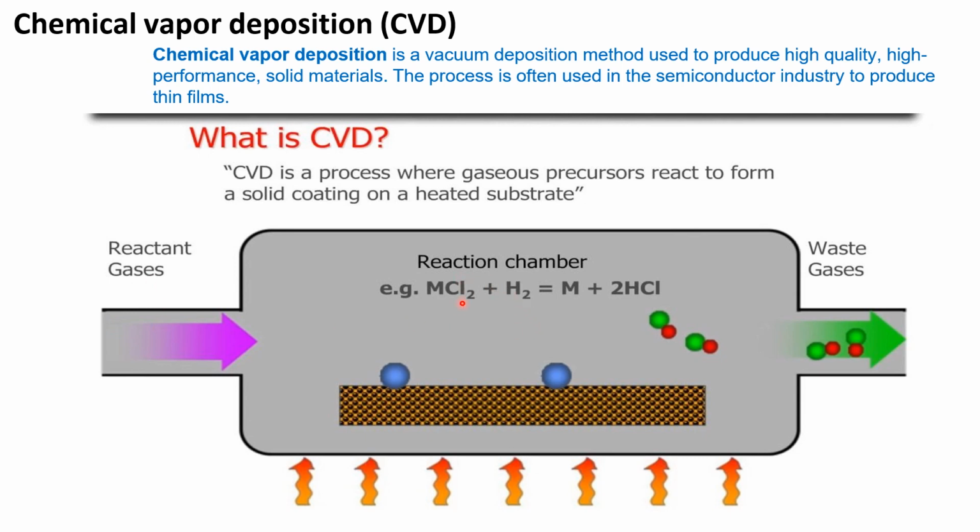So MCl2 plus H2 will react, and the metal will be deposited on this substrate, and the HCl gas, the waste gas, will go out from this side. So this is the mechanism of the CVD process, and it is used for deposition of many semiconductors on silicon or other substrates.